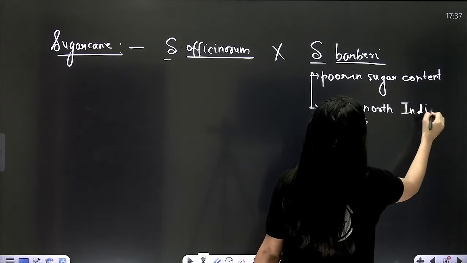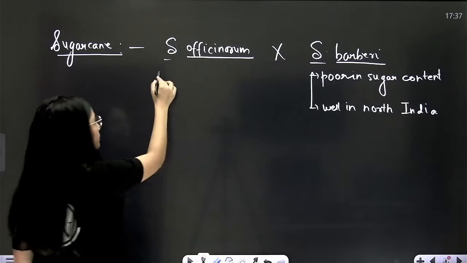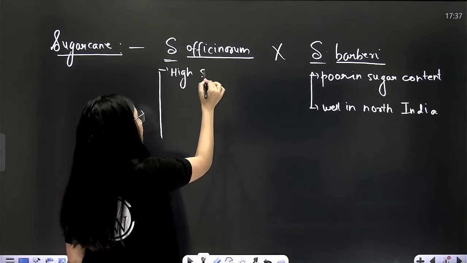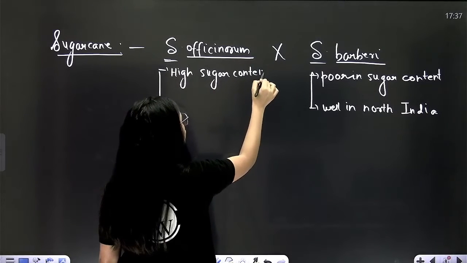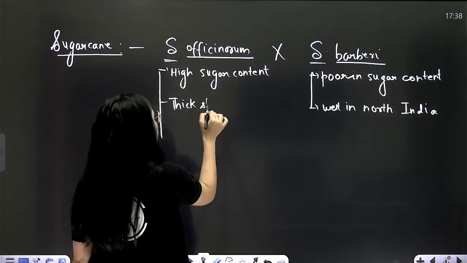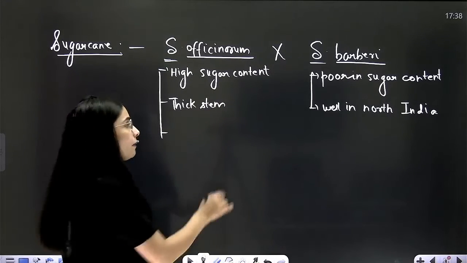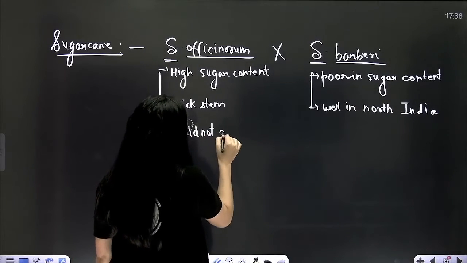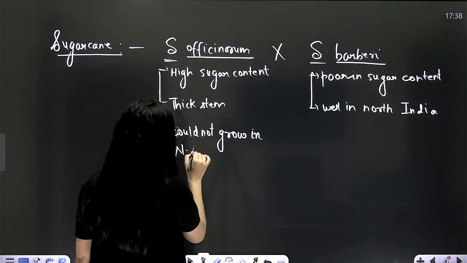On the other hand, the other variety of sugarcane was officinarum. This had high yield, high sugar content, a thick, solid stem, but could not grow in North India. It grows well in South India.